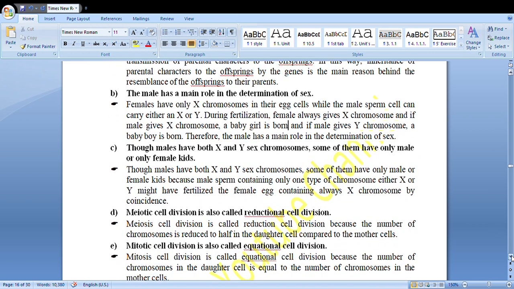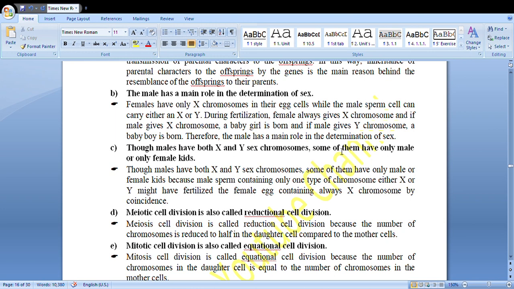If during fertilization only the X chromosome from the male sperm goes, then a female baby is born, and if only the Y chromosome goes by coincidence, then a male baby is born.